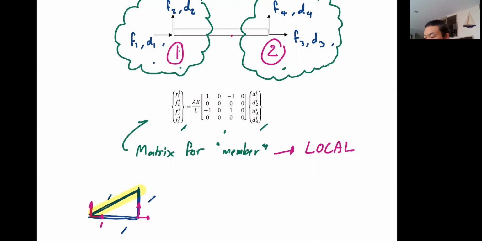So the system up until this point is what we call the local system, because it could handle just one member in its own axis. Because when you look at this member, if you are going to use this local system, it's going to be the force and displacement in this direction, correct? Parallel and perpendicular to its own axis.